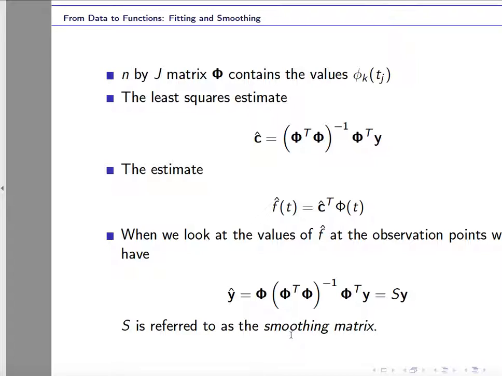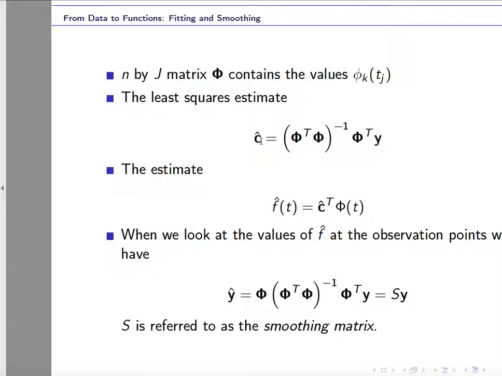After we get this f hat of t, we can also look at the value of f hat of t at the observation time points. Basically, y hat is the fitted value at the observation points, so y hat is phi times c hat.